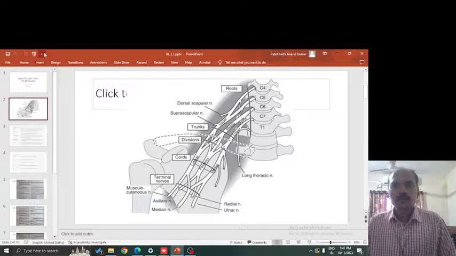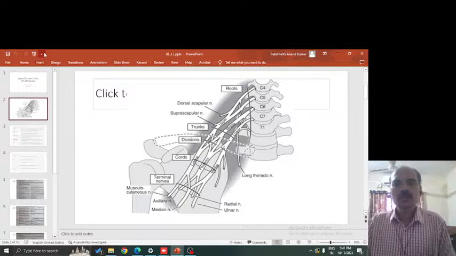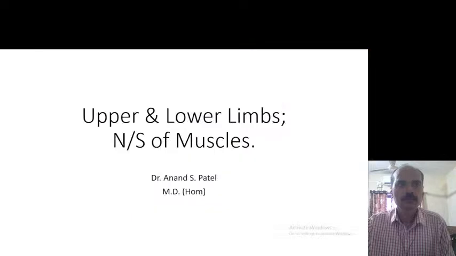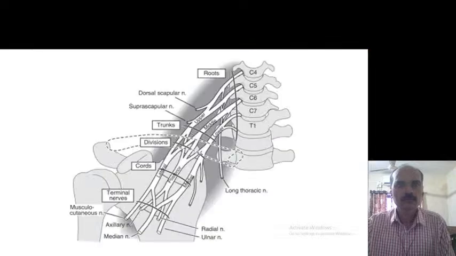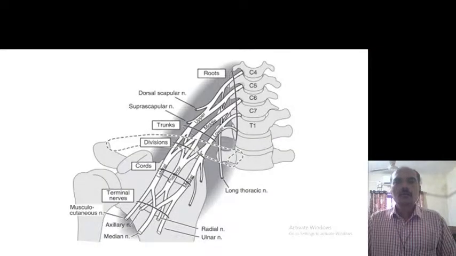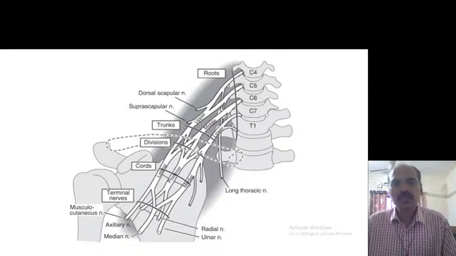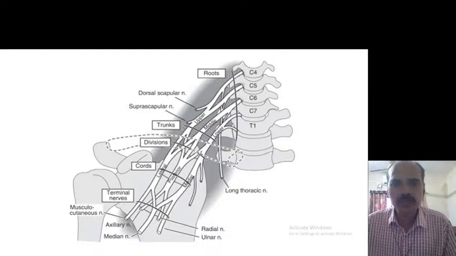Here I have projected this brachial plexus. You can see there are the roots, trunks, divisions, cords, and various terminal branches for the upper limb.